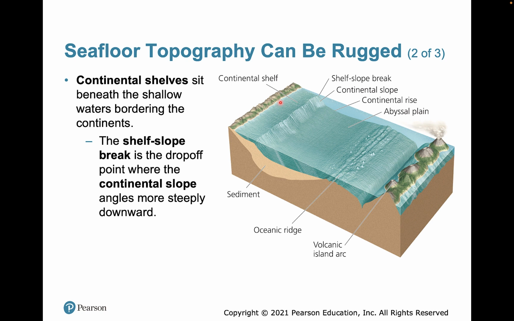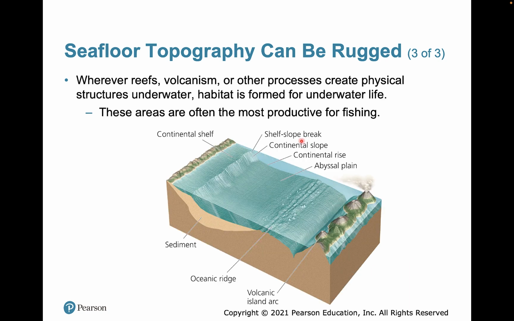A good chunk of the life exists on this continental shelf. The shelf slope break is where the shelf literally breaks. It's the steep drop off towards down the continental slope, down to the deeper part of the ocean, which is called the abyssal plain.